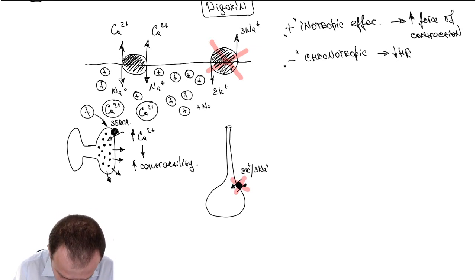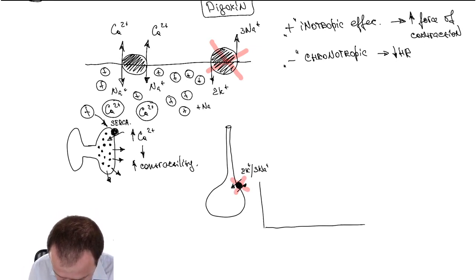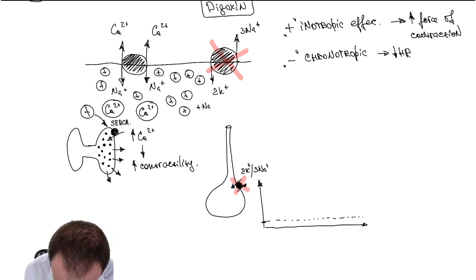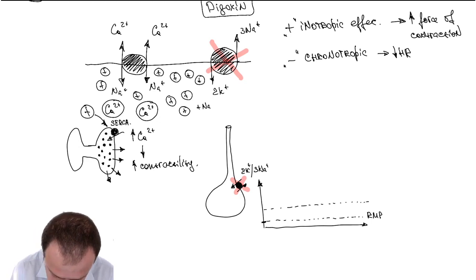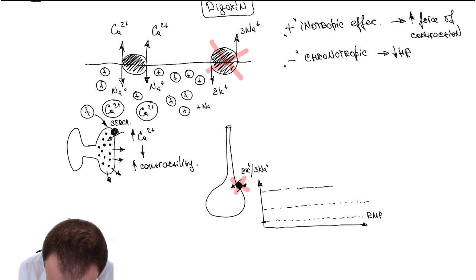And blockade of the sodium potassium pump in nerve terminals increases resting membrane potential. So let's say it becomes more positive. It causes a kind of depolarization. So resting membrane potential becomes more positive, and it becomes much easier to reach threshold level.